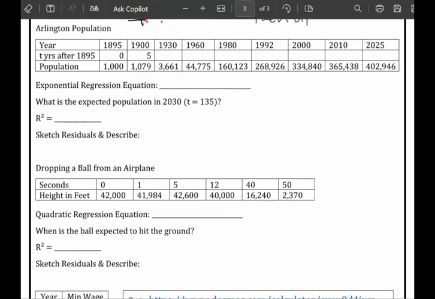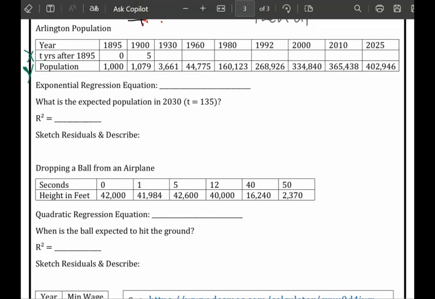Arlington population. We have the year, the T years after 1895, and then the population. We're going to use an exponential regression equation for this one. The x value is going to be the T years after 1895, and the population we're going to say is the y value.